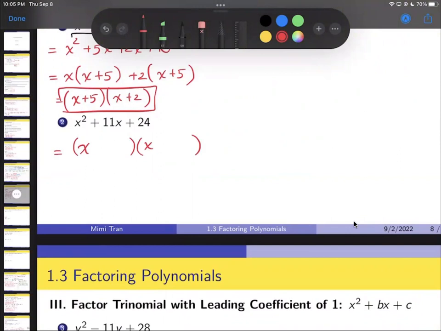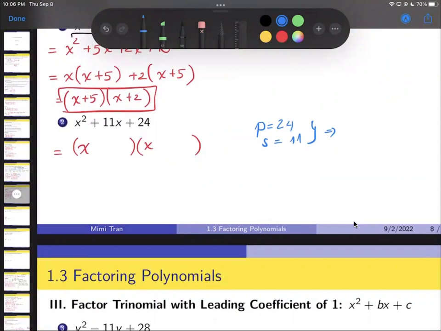And then I need two numbers that multiply to 24 and add up to 11. Product is 24. Sum is 11.